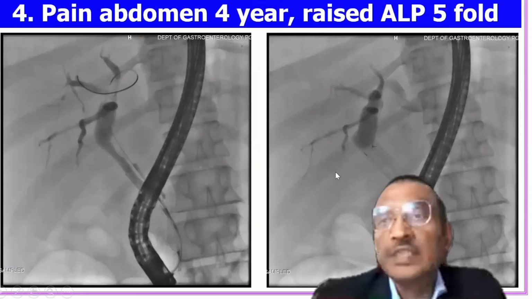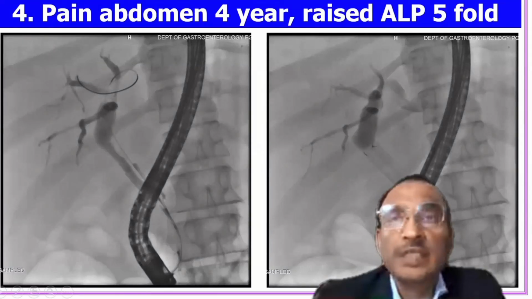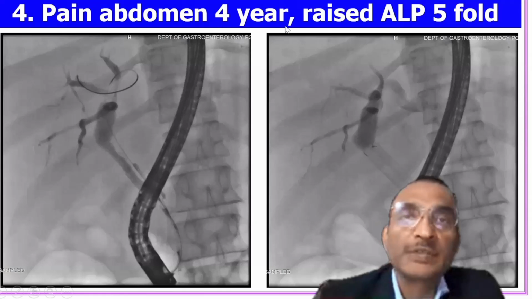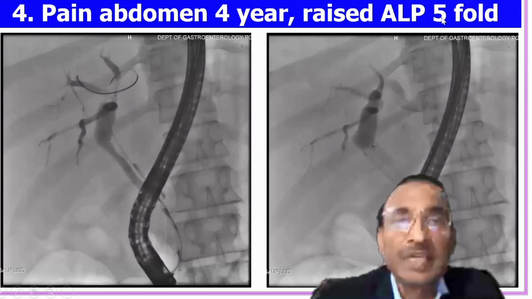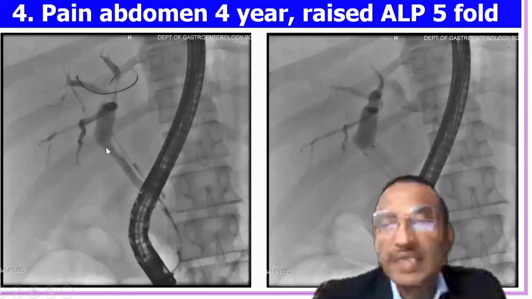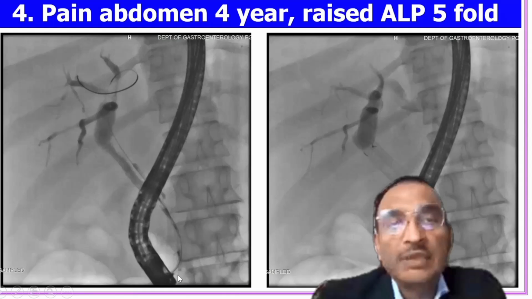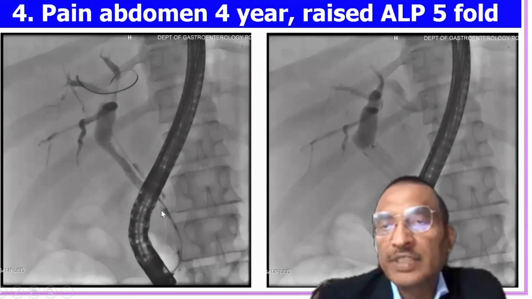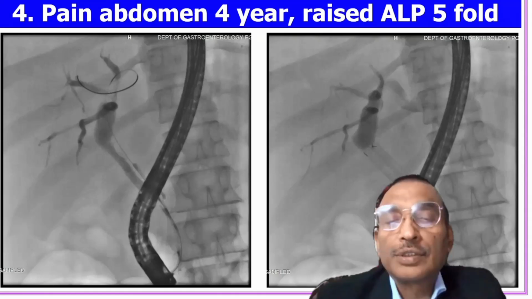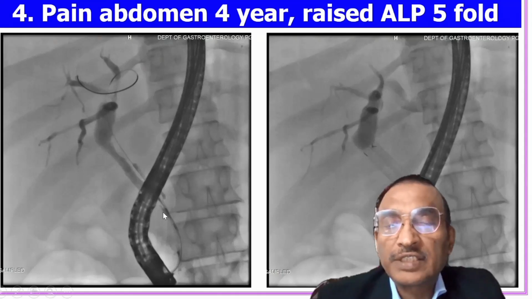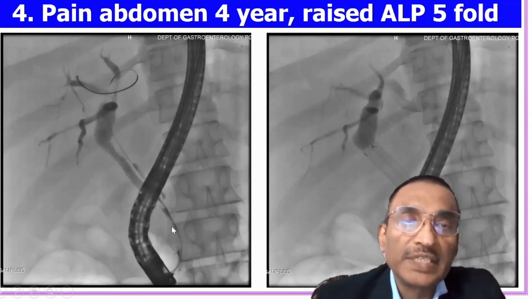So this is again a patient who had presented with 4 years of pain abdomen and raised LFTs. And again, what you see here is a stricture in the lower third. Okay, so again a stricture in the lower third. This was also a case with the characteristics which we discussed just now. So this is showing characteristics of a benign biliary stricture.